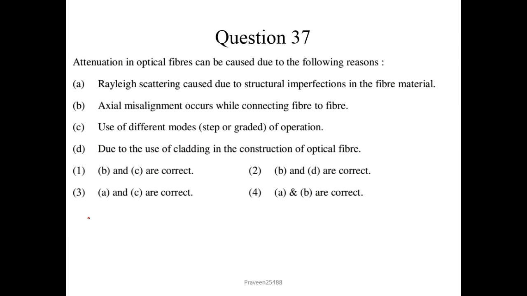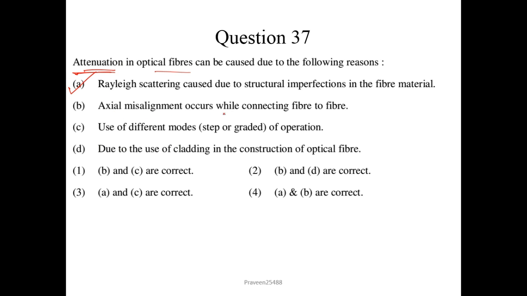Attenuation in optical fibers can be caused due to the following reasons. So attenuation is a type of loss. Rayleigh scattering caused due to structural imperfections in the fiber material. So this is correct reason.